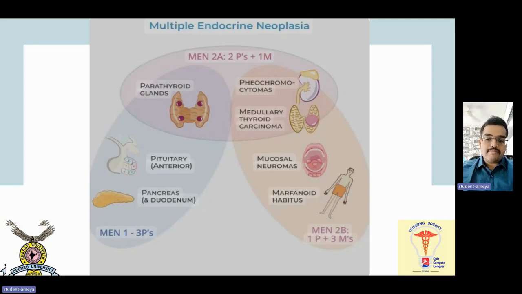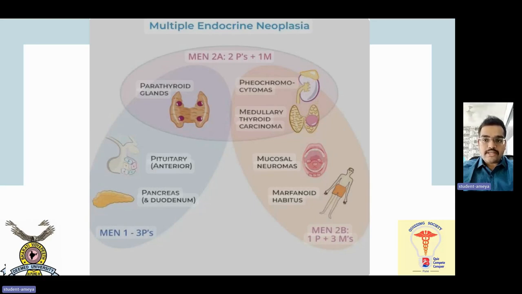So you can see a picture which is showing you the organs involved in various multiple endocrine neoplasia syndromes. Let's start discussing about MEN 1. As you can see in MEN 1, the organs involved are pancreas, pituitary and parathyroid glands. MEN 1 is also called as Wermer syndrome, where there is defect in the MEN 1 gene on chromosome 11q13.